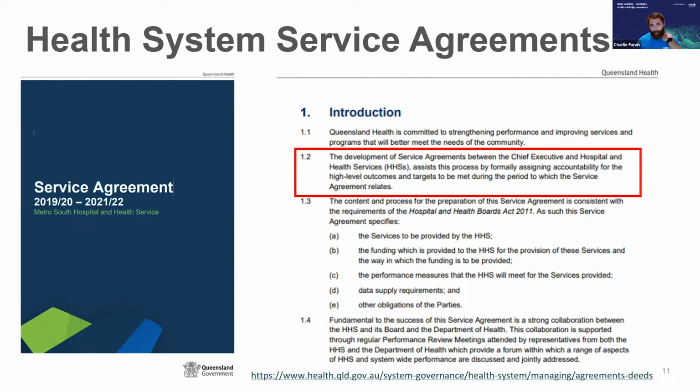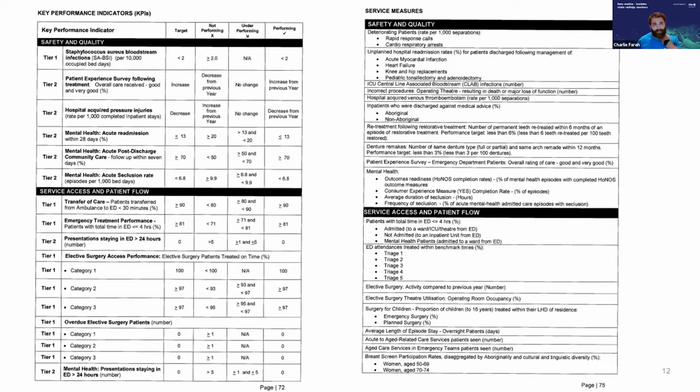But as I said, within these documents is a whole list of different key performance indicators and service measures that the system needs to provide. So not only is it about collecting the right data and ensuring that data quality is of a high standard, but it's then also about setting the parameters for what the targets are, and then what they deem is not performing, underperforming, or performing across those metrics.